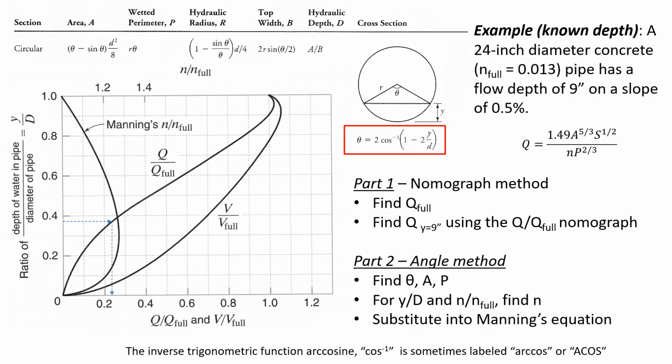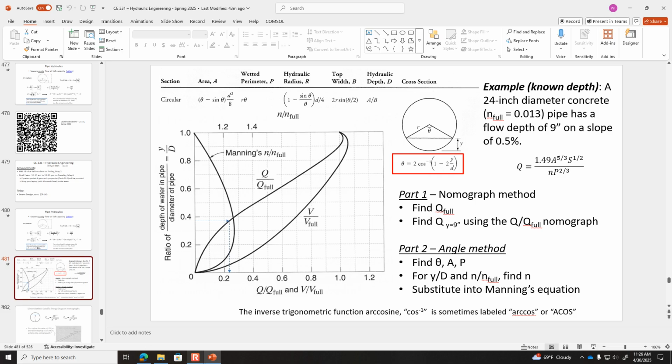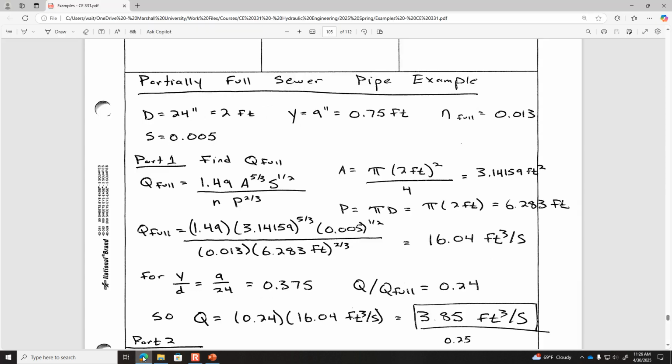And I thought that looked like 0.24 when I looked at it before. Now it looks like 0.23 to me as I'm looking at it. But, you know, if I go with my original assessment of 0.24, what we'll do is multiply that 0.24 by the full flow rate of 16.04.